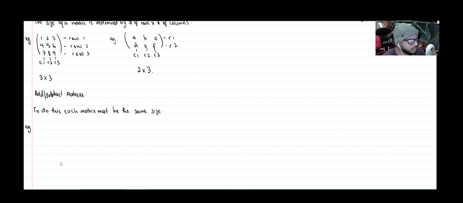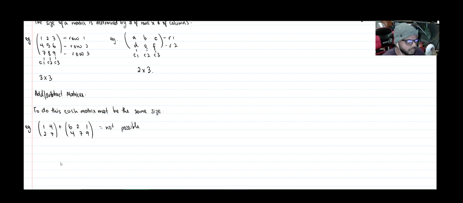For example, I cannot have a 2 by 2 matrix, let's say it's 1, 4, 2, 7, added to a 2 by 3 matrix, 6, 2, 1, 4, 7, 9. This here is not possible.